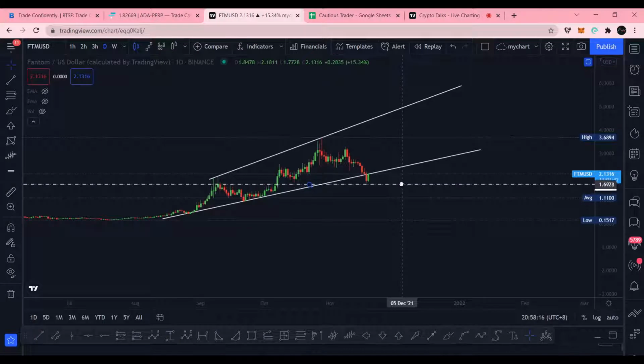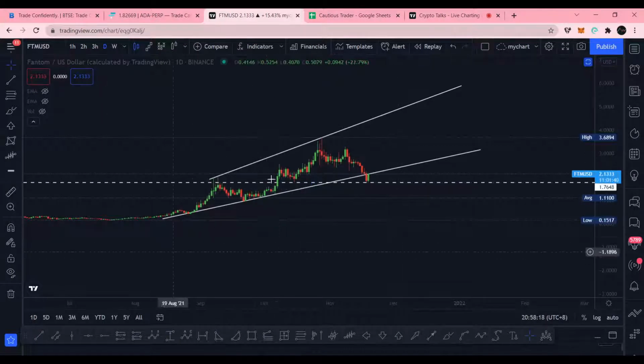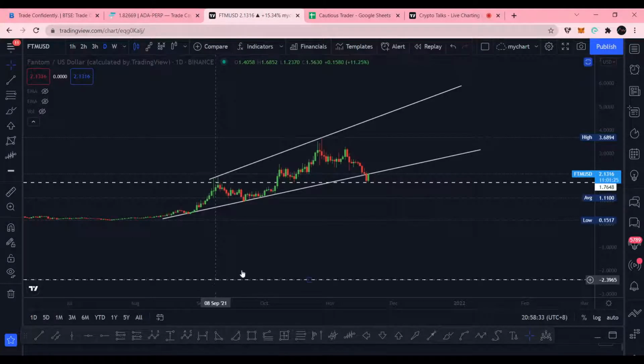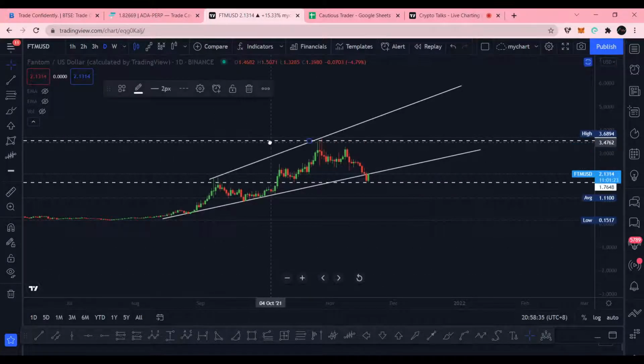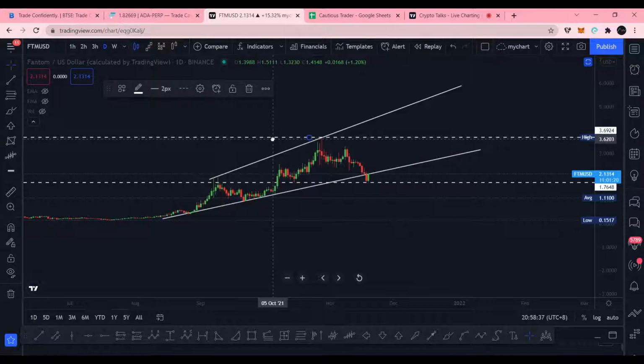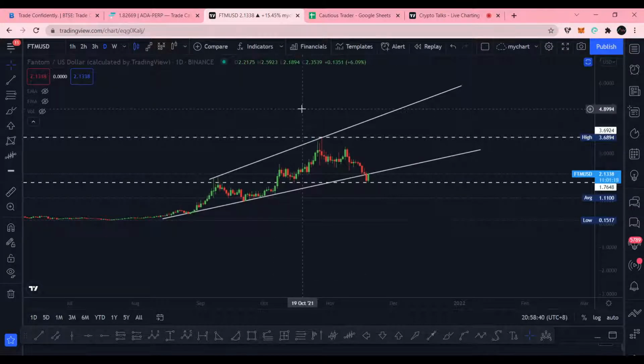So that will be our support area, which is 1.76. And then, of course, our horizontal line resistance will be Alt H again, and we'll put that here, which is the all-time high, around 3.69.